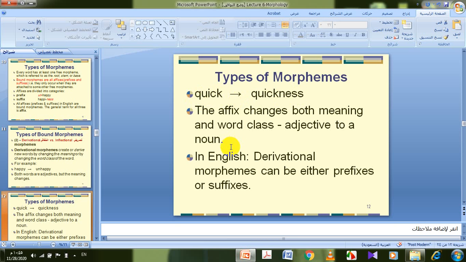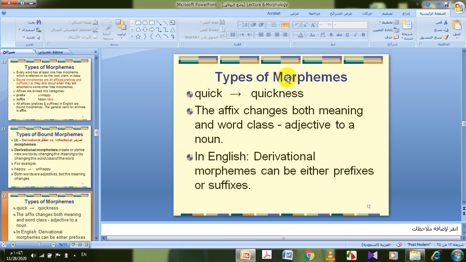In English, derivational morphemes can be either prefixes or suffixes. And we have just been talking about this, like happy, unhappy, un is a prefix, and quickness is a suffix.